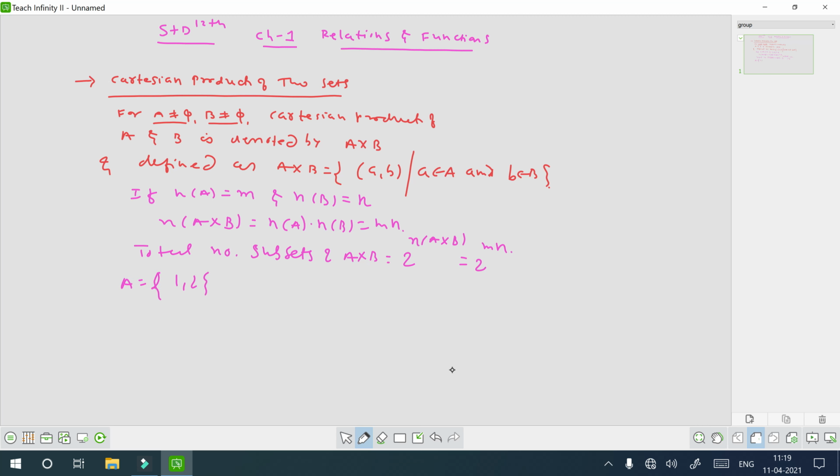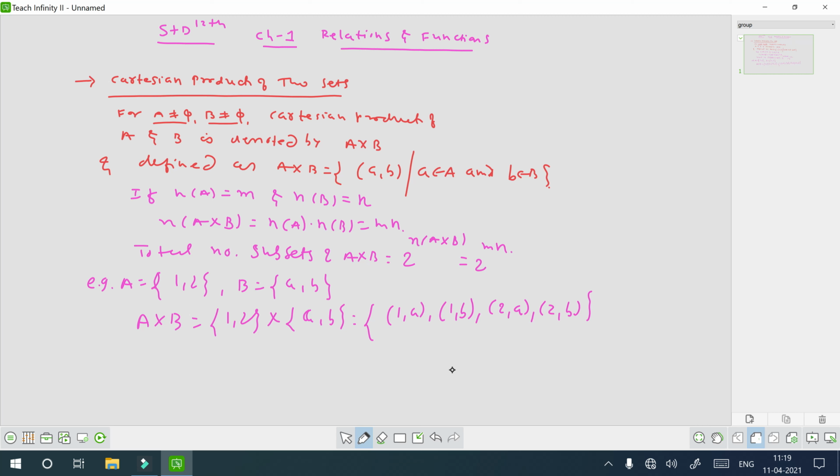Let us consider A is equal to {1, 2} and B is equal to {a, b}. So sets A and B. Then, for example, the Cartesian product {1, 2} cross {a, b} is nothing but the ordered pairs (1, a), (1, b), (2, a), (2, b).